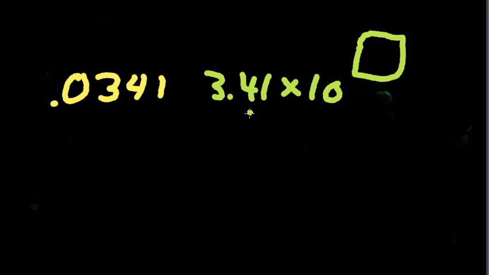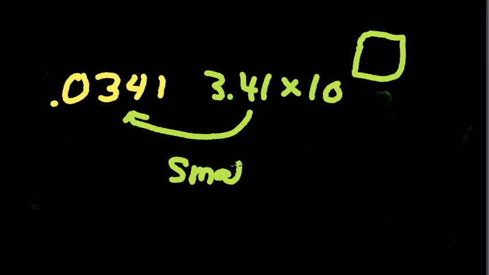Then I look back from here to here, and I see that this, going from my scientific notation to what I originally had, gets smaller. And then how many decimal places did it get moved?